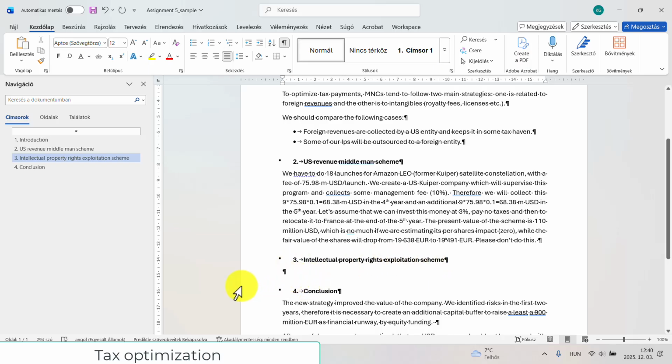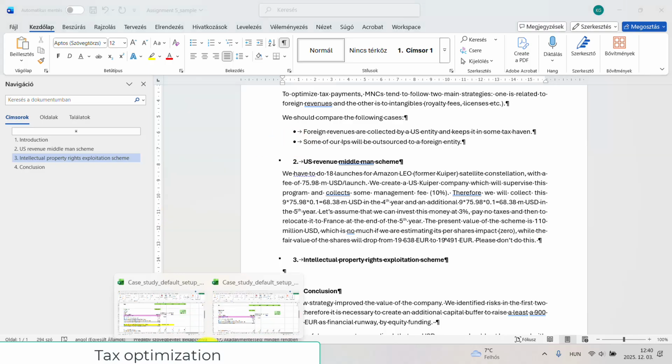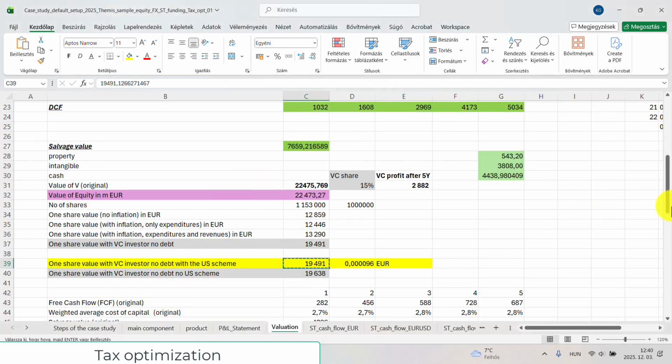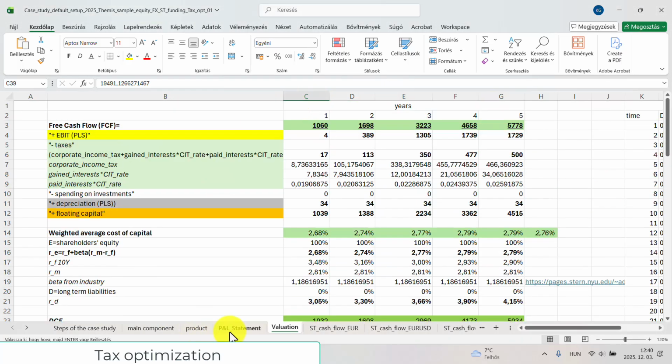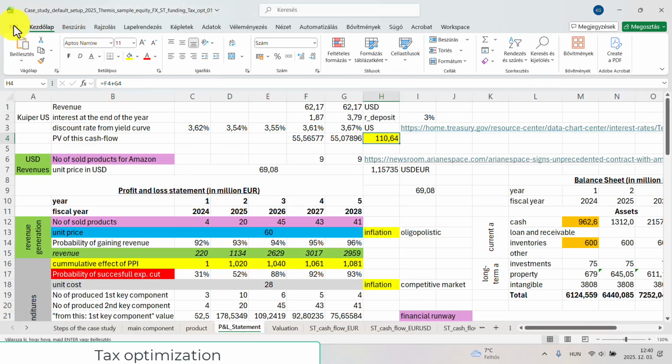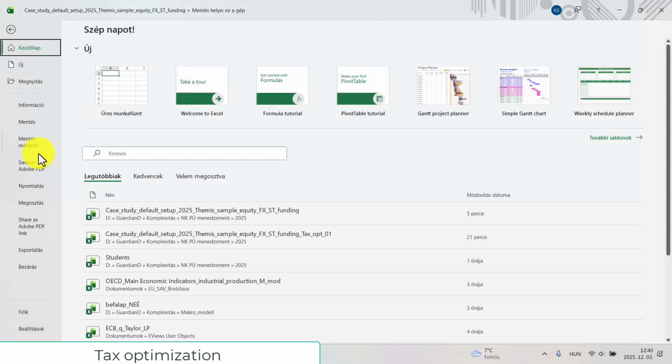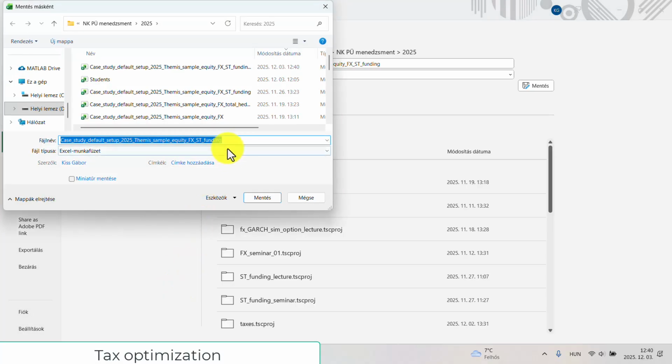So in this case we can, first of all, I should save this one and close it down before I'm modifying it, and I have to make a secondary version of this.